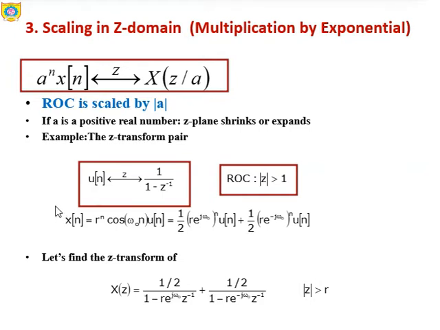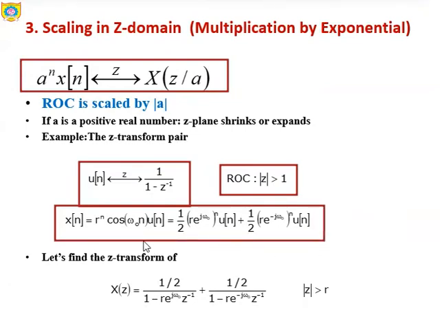For this, we will go for a second example. Let's say x of n is equal to r raised to n cos omega 0 n u of n, which can be separated out as 1 by 2 r e raised to j omega 0 n u of n plus 1 by 2 r e raised to minus j omega 0 raised to n u of n.